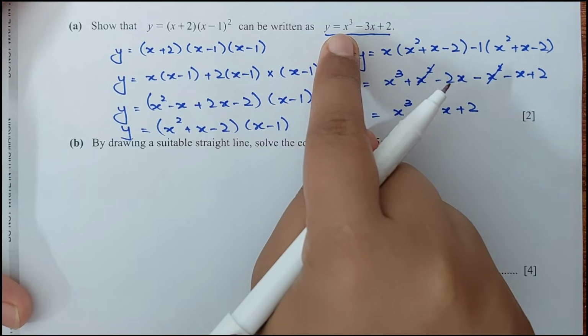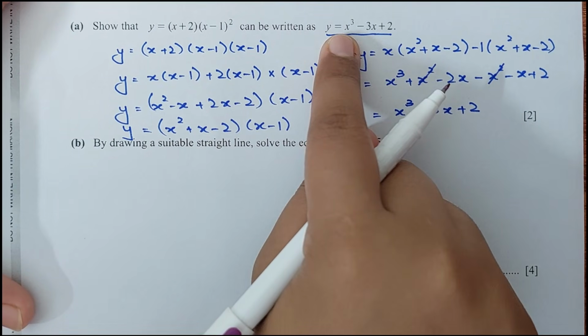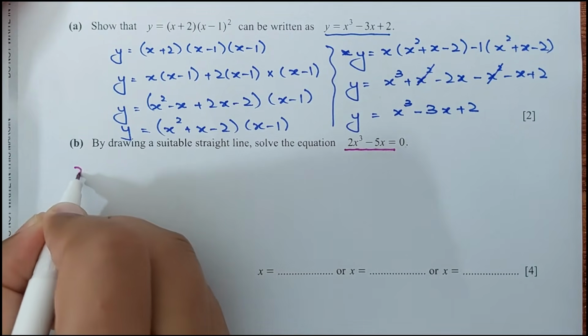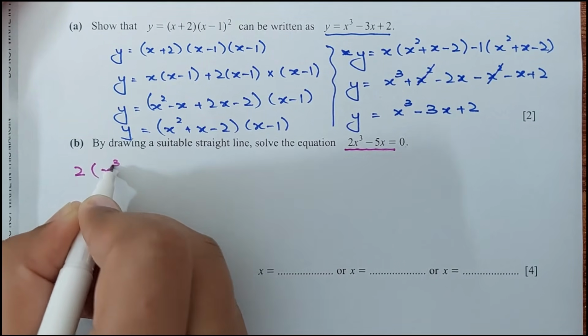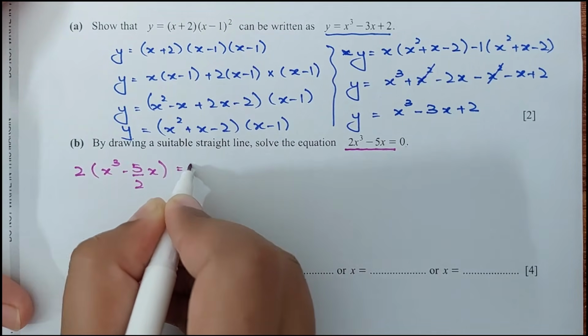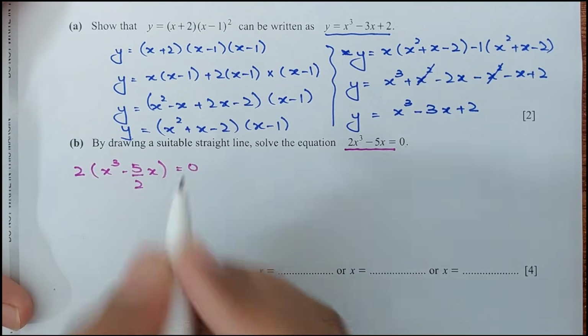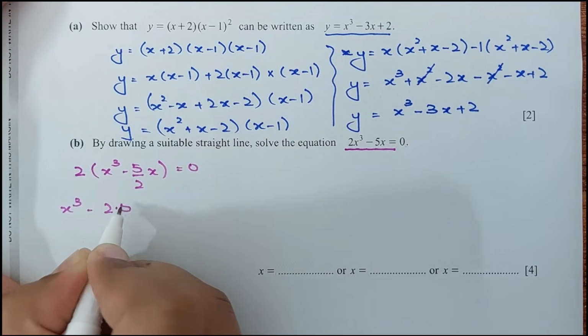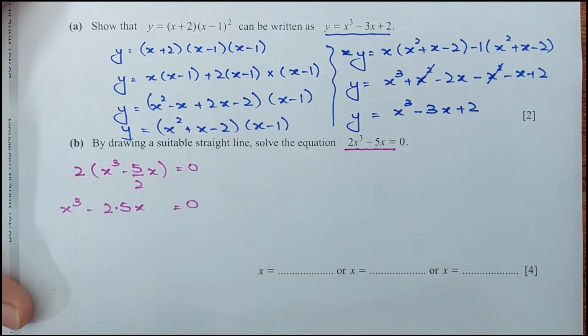As you can see in this equation, the x cube coefficient is just 1, so we have to make the x cube coefficient 1. Taking the 2 common, we are left with x cube minus 5 by 2 x equals 0. So 2 is not equal to 0, we can say x cube minus 5 by 2, which is 2.5x, equals 0.